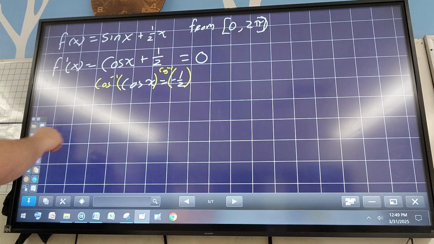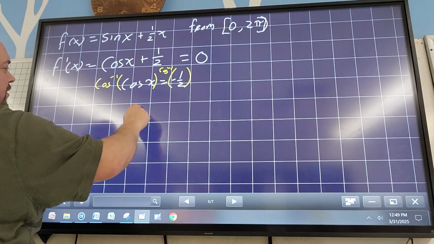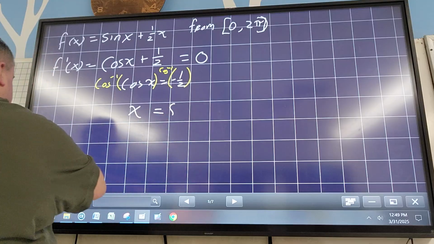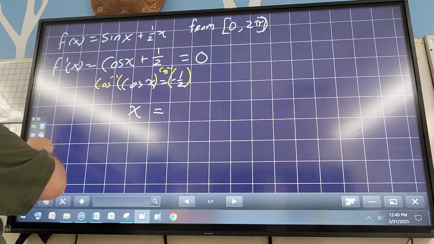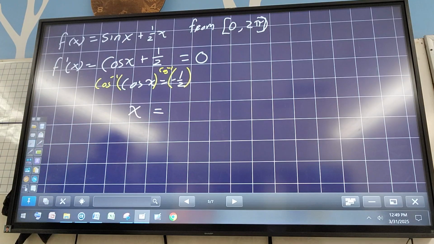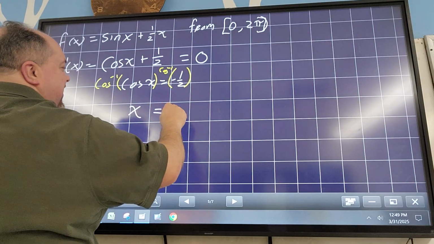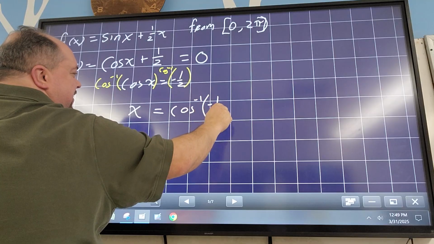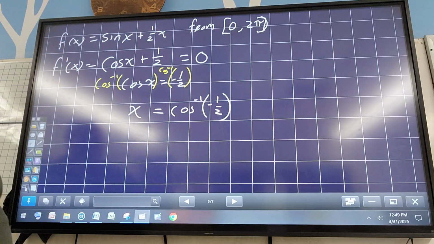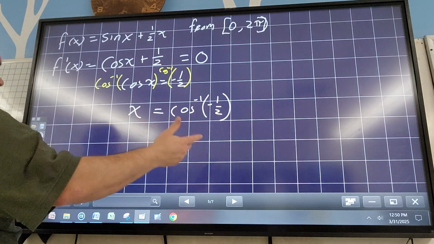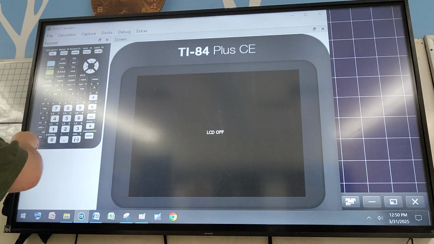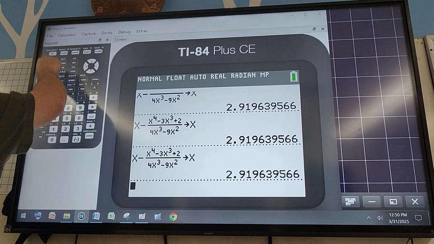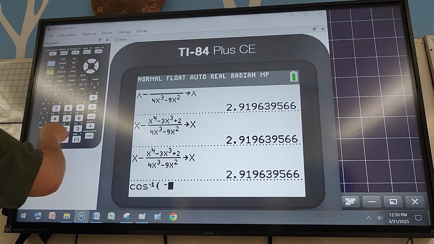So those effectively cancel each other out, and you're left with x equals the inverse cosine of negative 1/2. Are we in radians? Yes. Inverse cosine of negative 1/2.